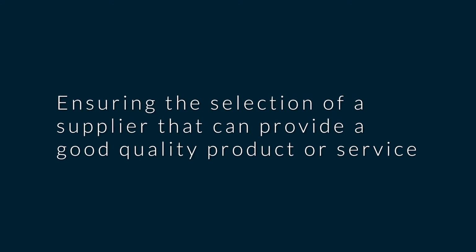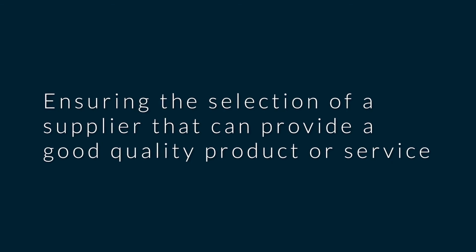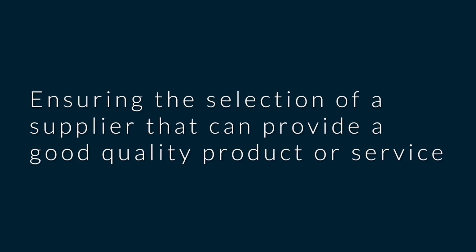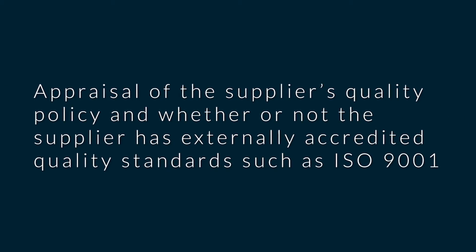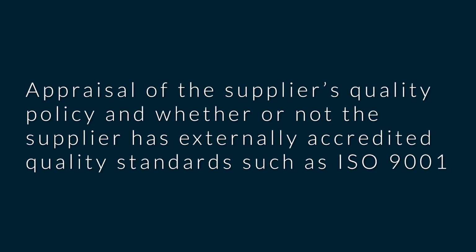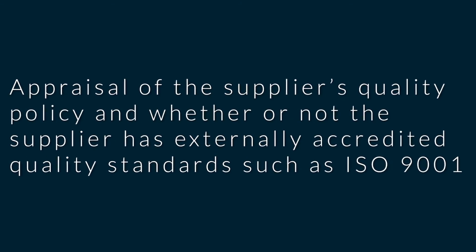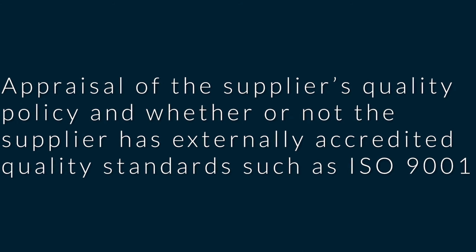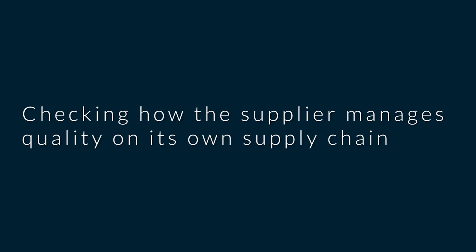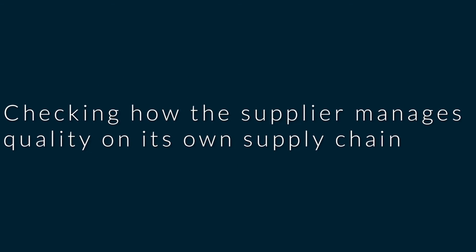And that will mean assessing the suppliers in terms of things like selection of suppliers that can provide good quality product or service, appraising the supplier's quality policy, and whether or not supplier has externally accredited quality standards such as ISO 9001, checking how the supplier manages quality on its own supply chain.